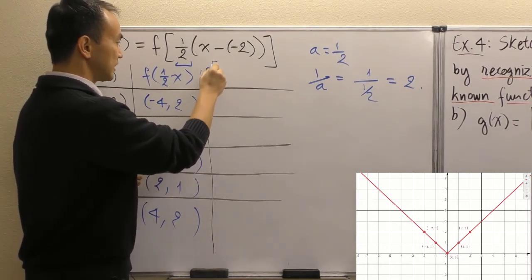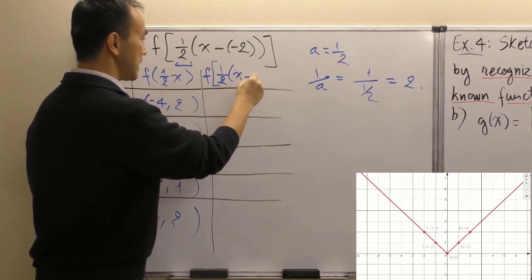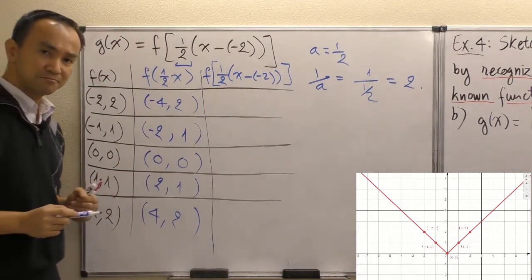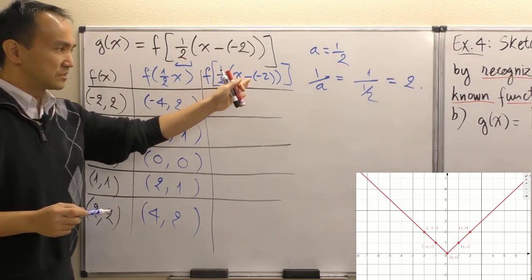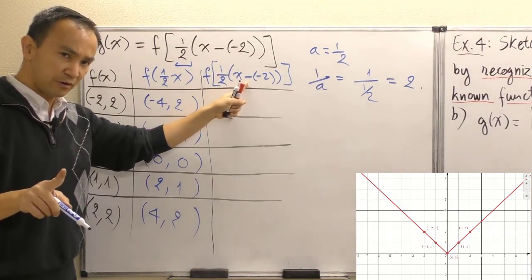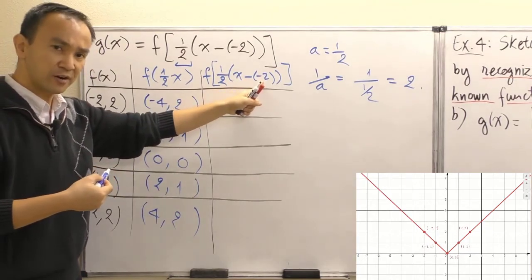So f of 1/2, but instead of x now it's x minus negative 2. That x minus right here is indicating a horizontal shift, left or right, and because of that negative 2 we're going to shift left.